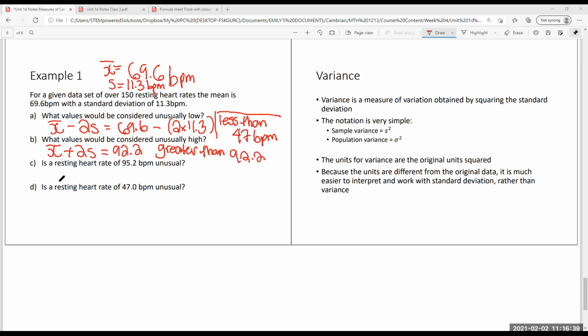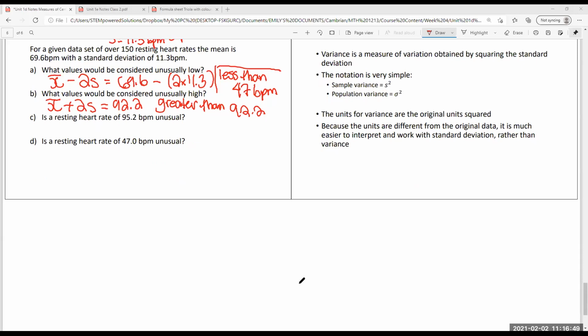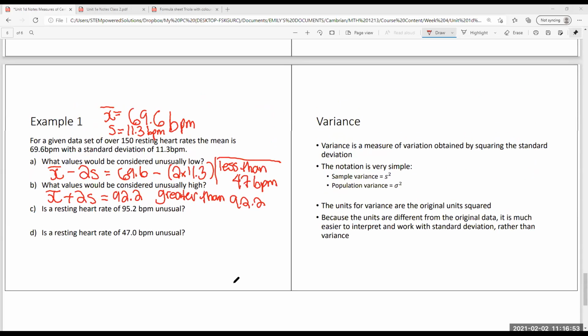Okay, so is the resting heart rate of 95.2 unusual? Type that into the chat when you've given that some thought and you know the answer. Yeah, I see that somebody raised their hand. Go ahead.